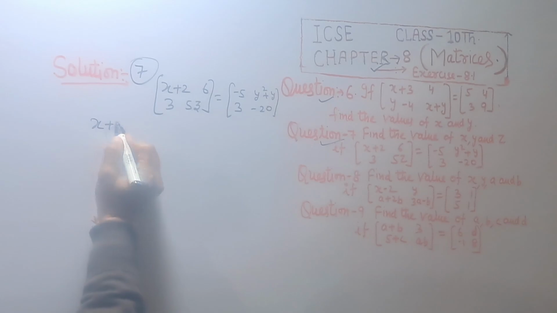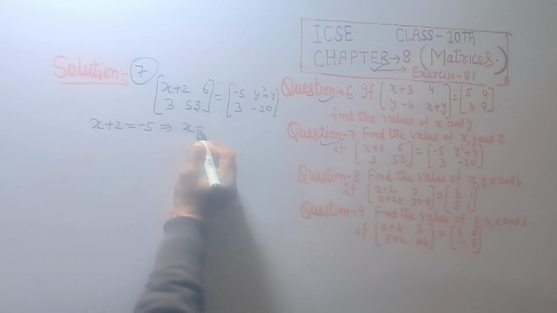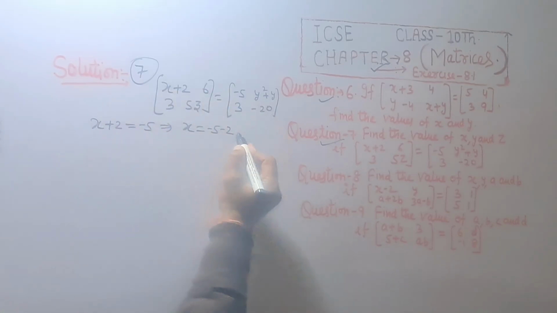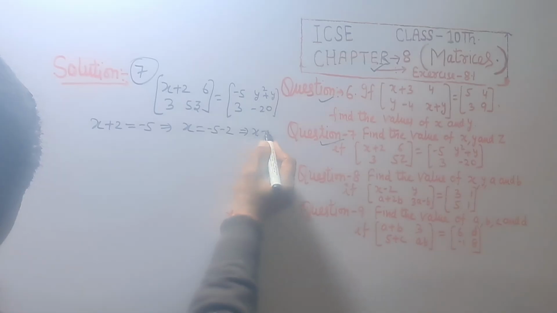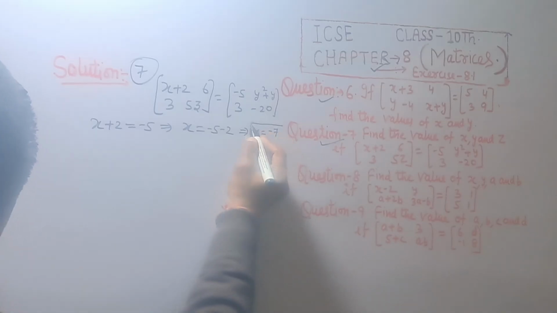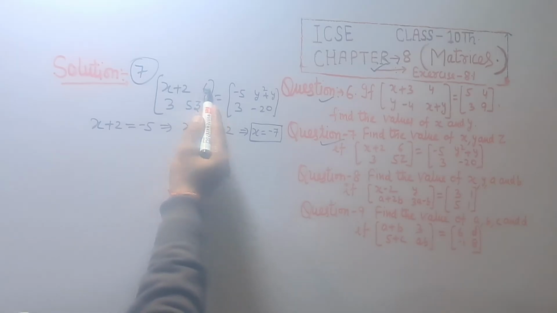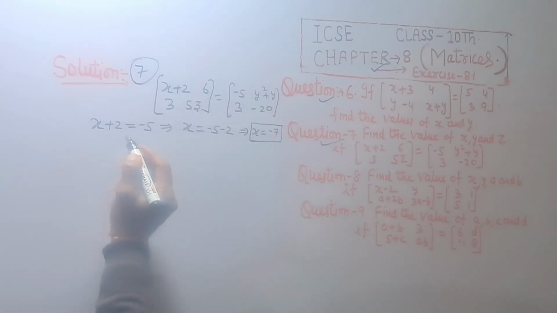First, x plus 2 equal to minus 5, which implies x is equal to minus 5 minus 2. This is shifting right side, so 2 will be negative, and we get the value of x equal to minus 7. And 6 equal to y square plus y.